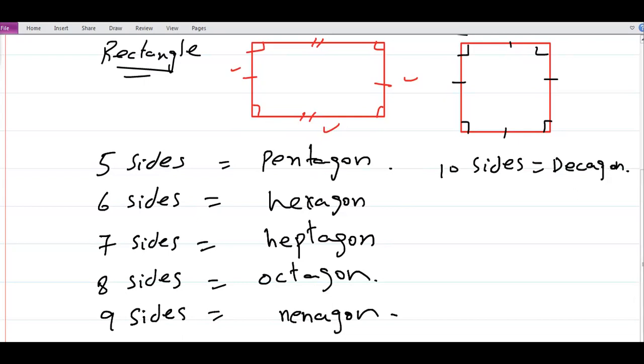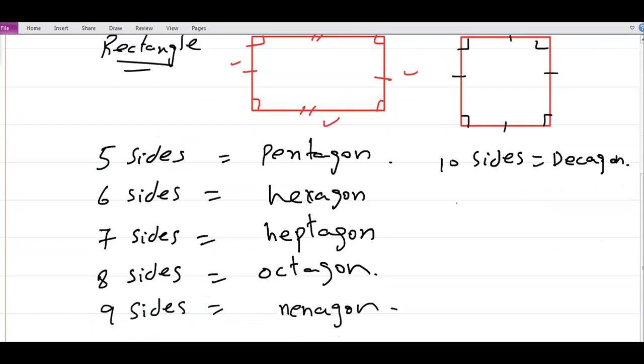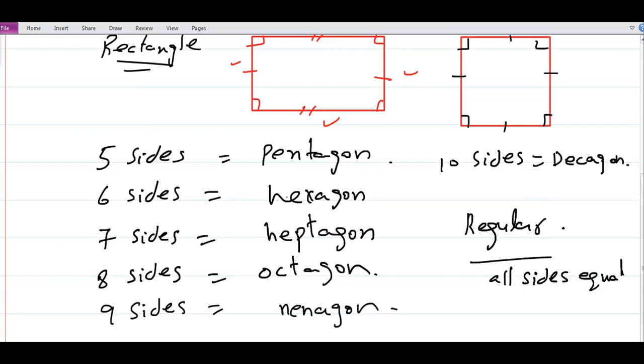Okay. Now, let's say if we have a polygon. So whenever you will listen the word polygon, mean a closed shape with many sides. If we say regular polygon, mean all sides equal. That is regular polygon.